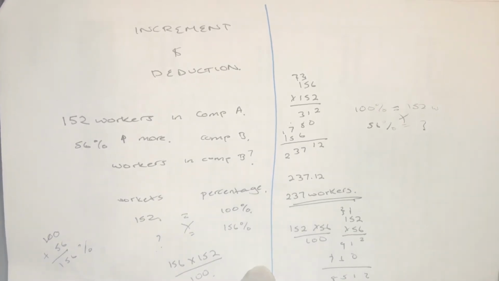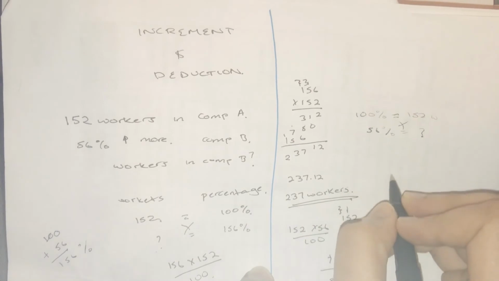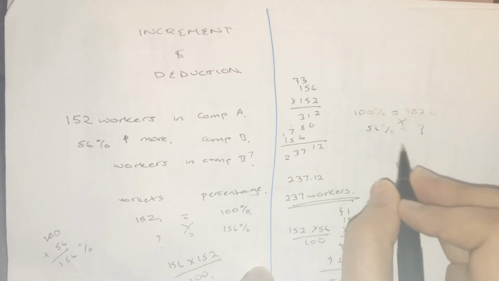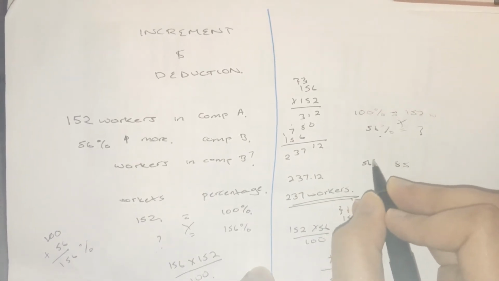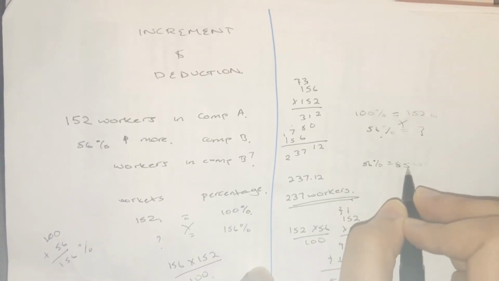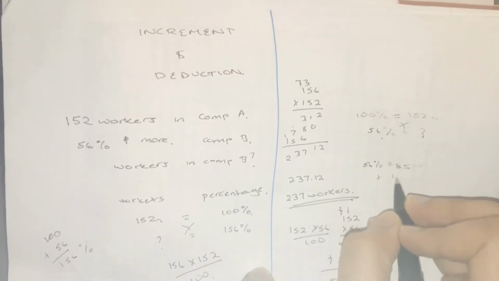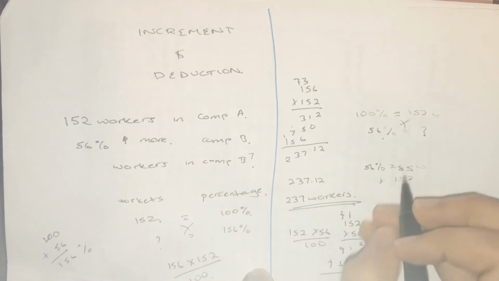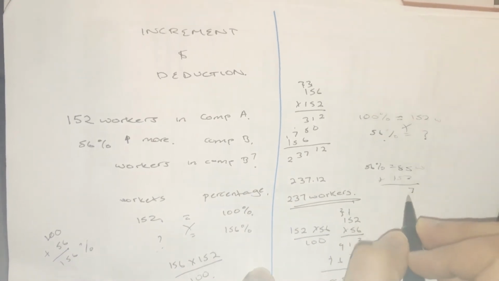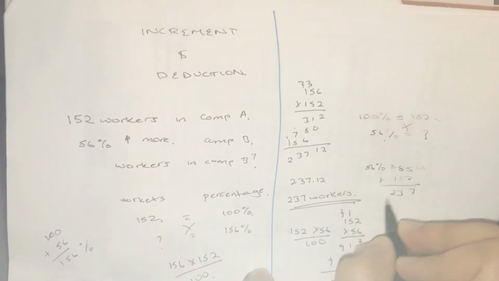But then I told you to take the nearest whole number, so you take 85 workers. So 56% is equal to 85 workers, so you take 85 plus 152 workers to get the total amount of workers in company B. So that is 237 workers.